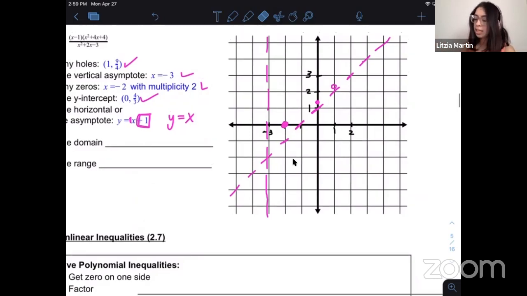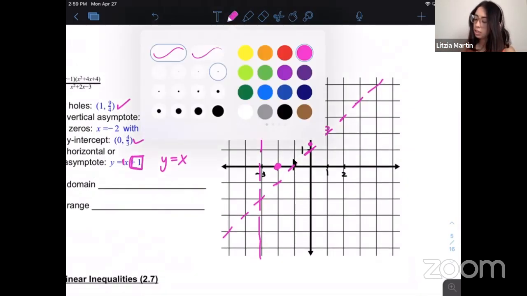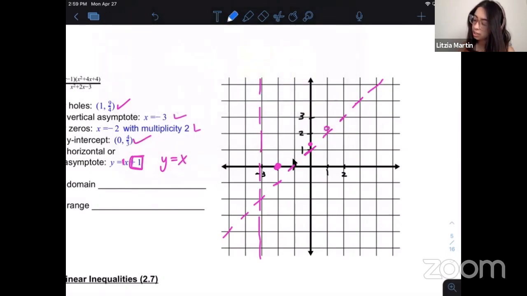And then again, we're just going to connect what we see. I see these 2 points and that hole, and it's following the asymptote that way. These asymptotes are kind of making like slices instead of like 90-degree quadrants, but you still just follow the same way. So we can see right here what I was saying, the multiplicity means it's going to bounce off of that 0.